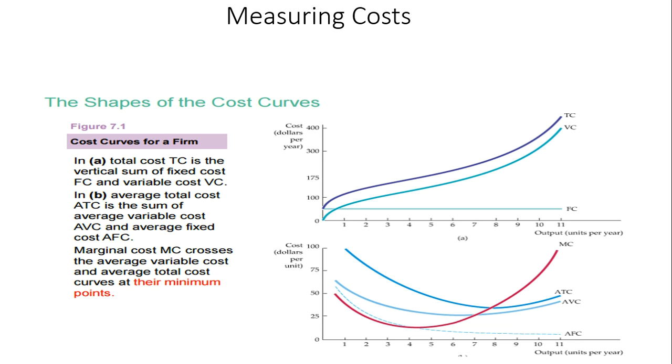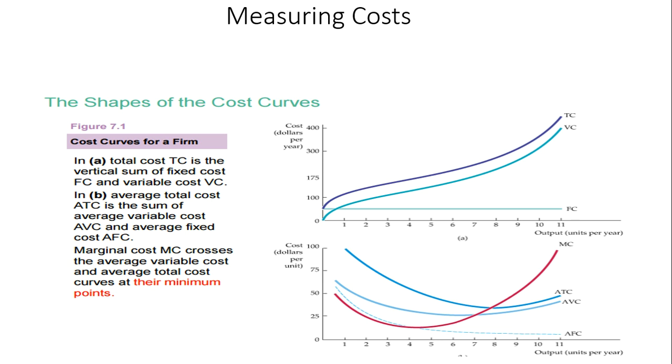Okay, and then we also have the average variable cost. So we have the marginal cost curve, which is taking that particular shape, which is just a mirror image of the marginal product. If we were analyzing this from the production perspective, we would have been talking about the marginal product, average product, those things.